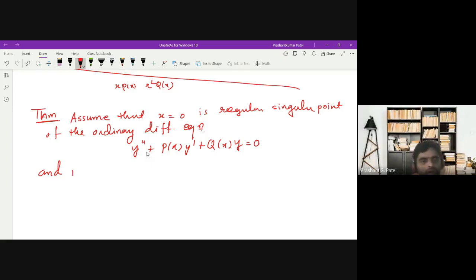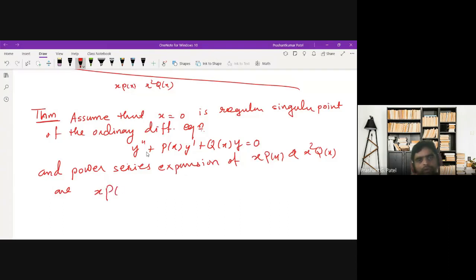I am assuming the power series expansion of x p(x) is summation n running from 0 to infinity p_n x power n, and x square q(x) is summation n running from 0 to infinity q_n x power n.